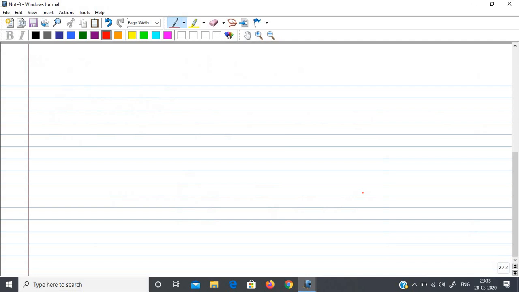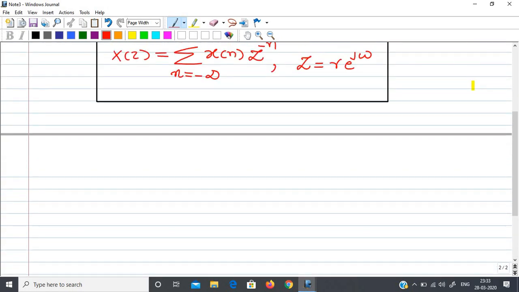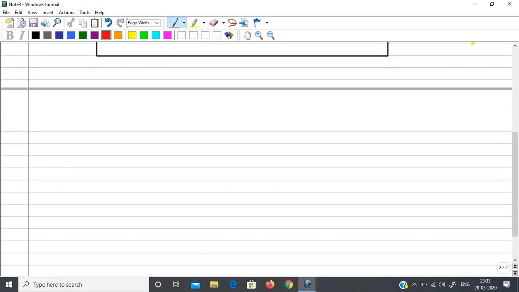The notation X of z represents the Z transform of the sequence x of n. For the sake of brevity, sometimes we denote X of z as X of z equals capital Z, and then we write the sequence in curly braces, Z of x of n. This stands for the Z transform of the sequence x of n.